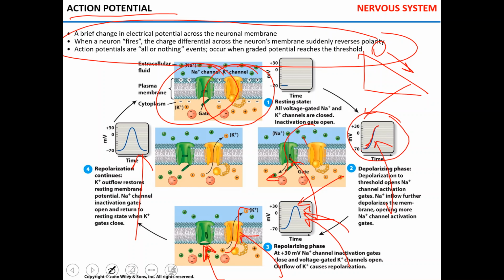It either goes to plus 30 or not happening at all. So every electrical impulse that goes through the neuron has the same electrical value, plus 30 millivolts. Okay? It cannot be plus 20, cannot be plus 10, it's plus 30 or nothing. This is often called the all or none principle.